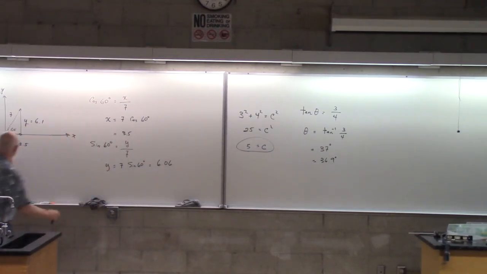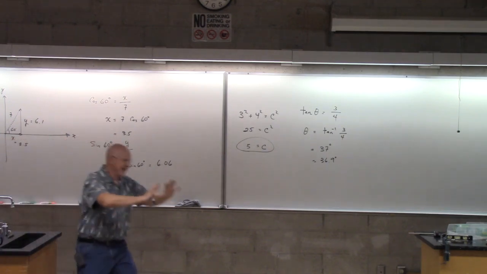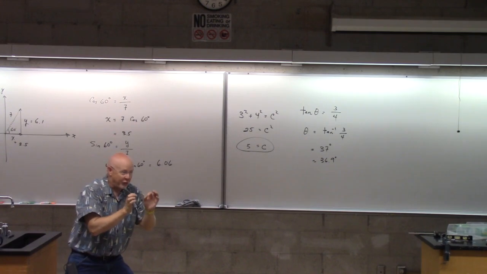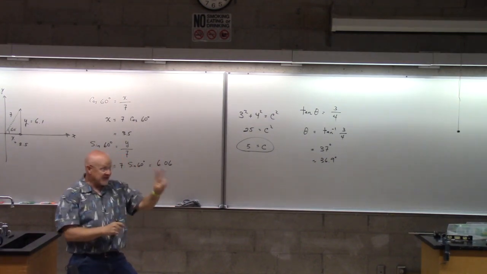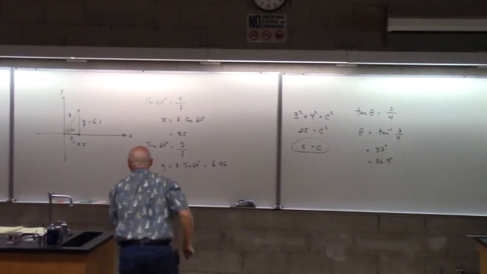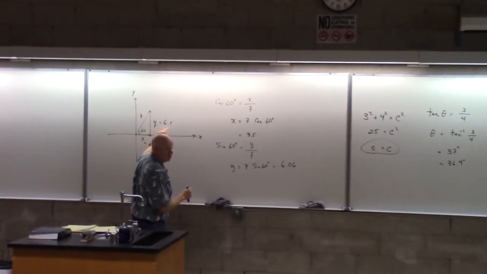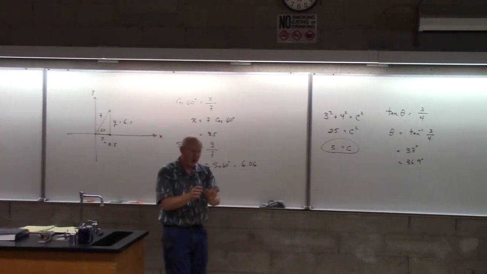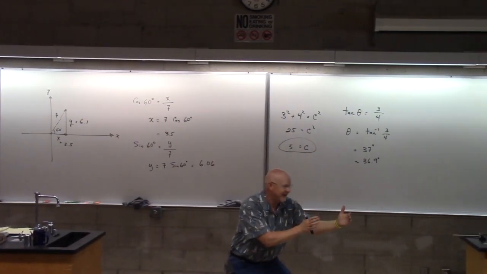One person pushes in the x-axis with a force of 3.5. A second person pushes in the y direction with a force of 6.1. What are those two people equivalent to?